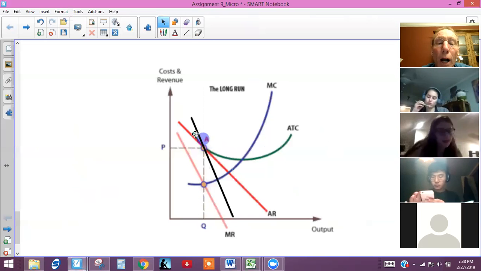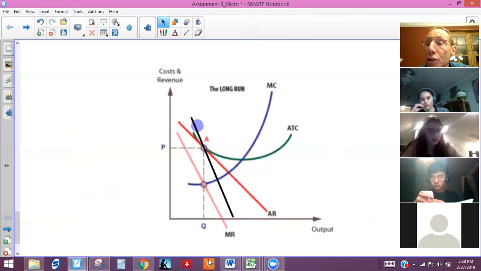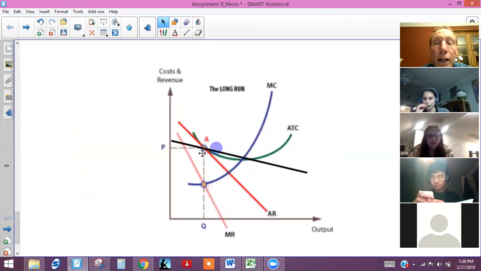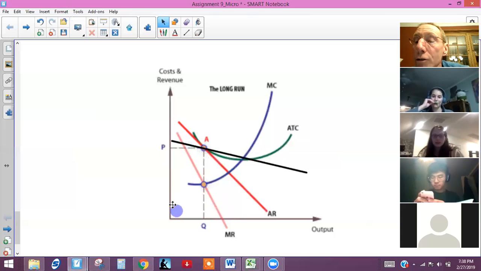They can raise price way up here, but people are still demanding almost as much, because it's so inelastic. You can see it graphically. If their demand curve is very, very elastic, like that, then if they raise price just a little bit, they don't sell anything. Their revenue goes to zero.